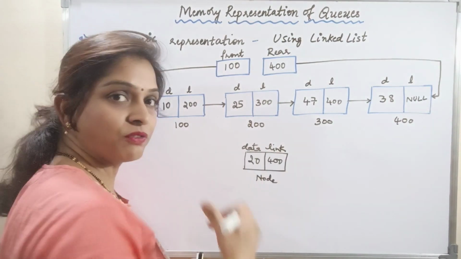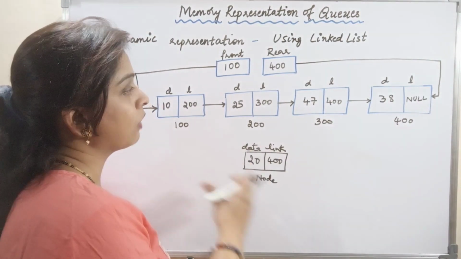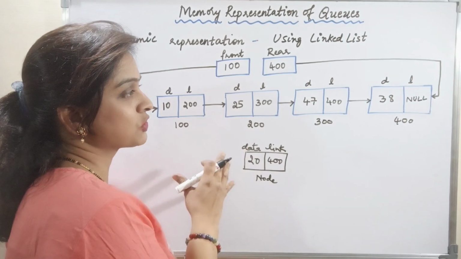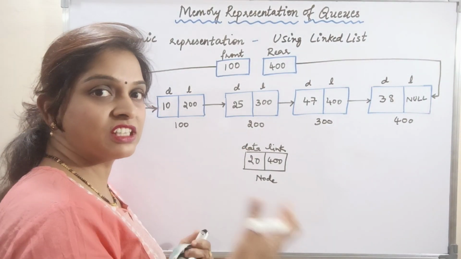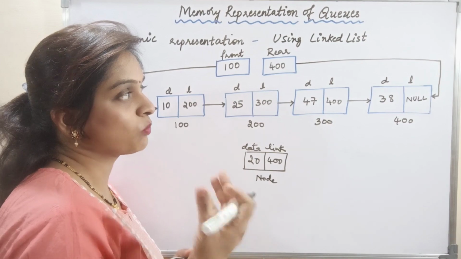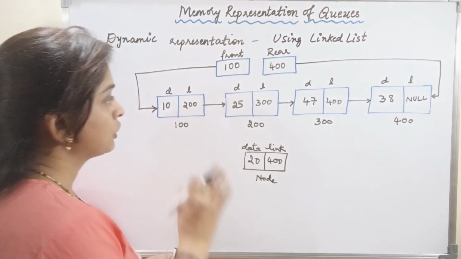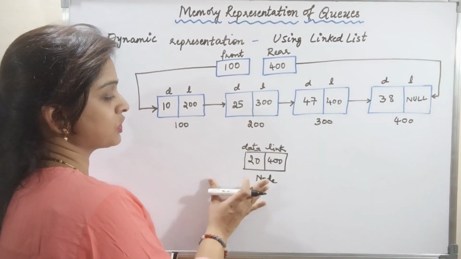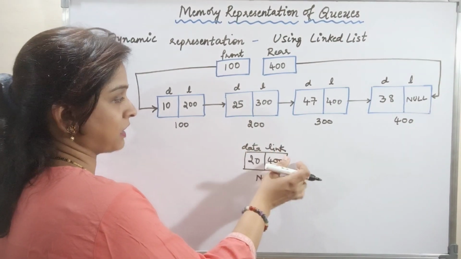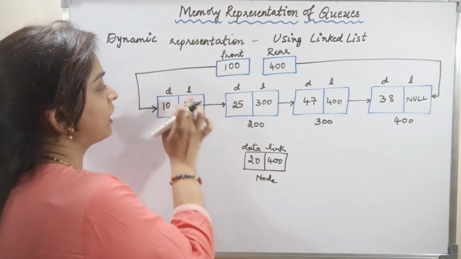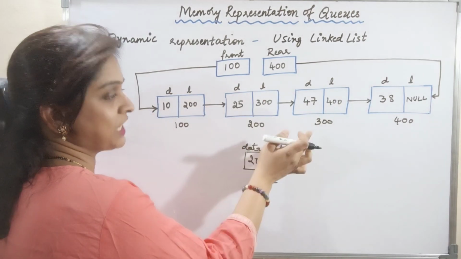So this structure we have to create. How to create this structure and how to deal with this link, we will discuss when we discuss the linked list in detail. So now you just need to know you have some node structure where it has a data part and a link part. In the data part we have data, and in the link part we have the address of the next node.